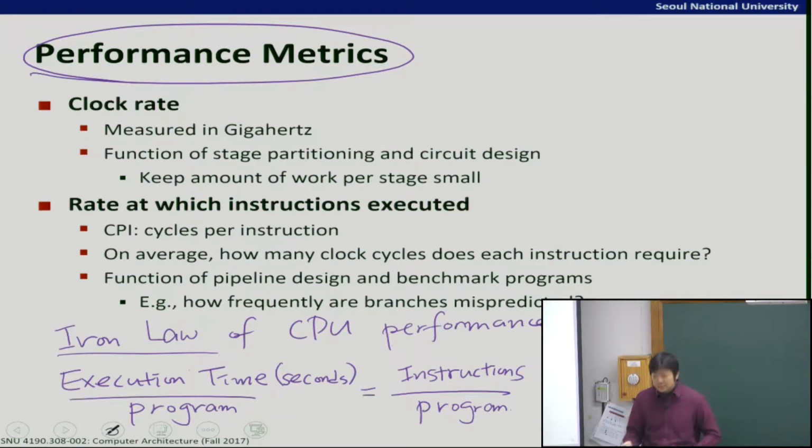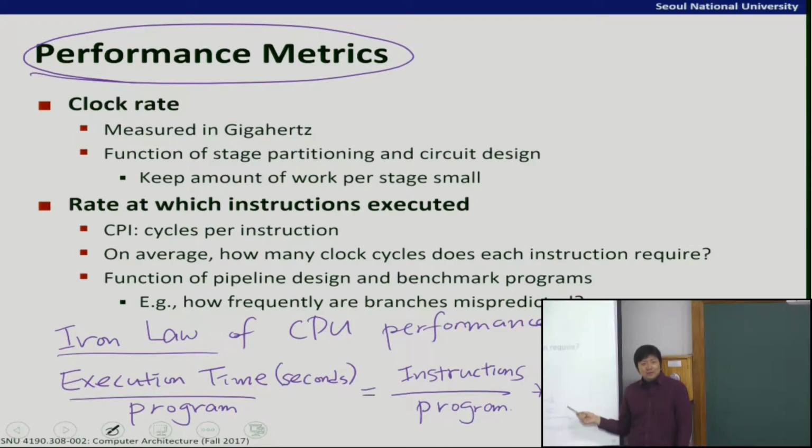It's obvious, right? The second component is clock cycles per instruction. This measures how many clock cycles it takes on average per instruction. It's called CPI.